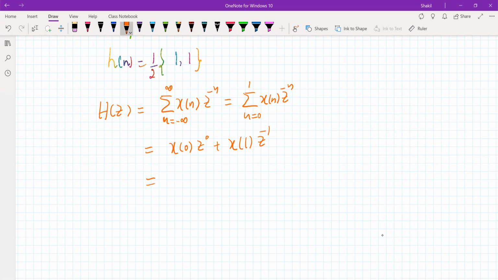Substituting x of 0 is 1 by 2, z to the power 0 is 1, and x of 1 is 1 by 2, z to the power minus 1.